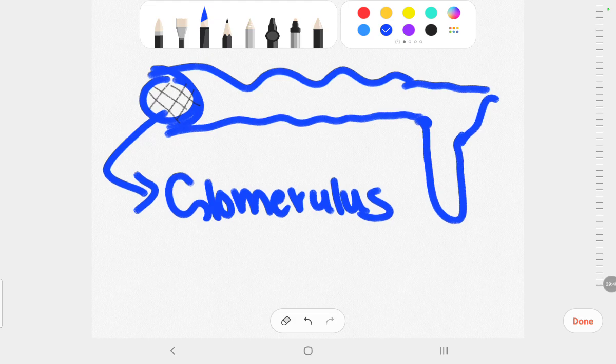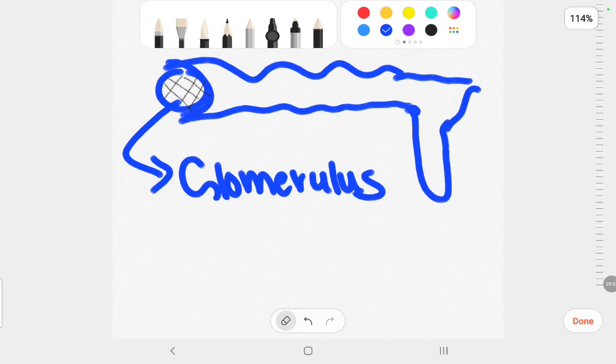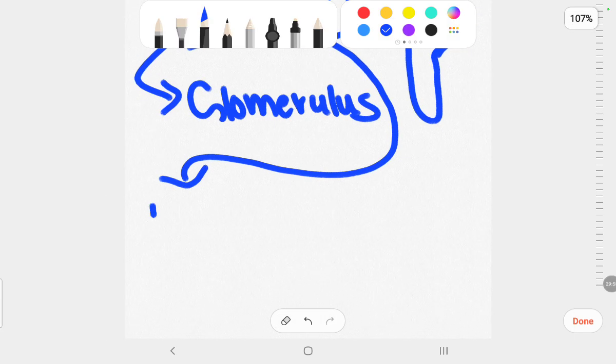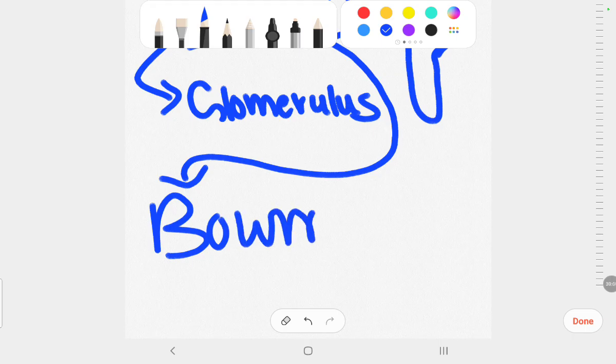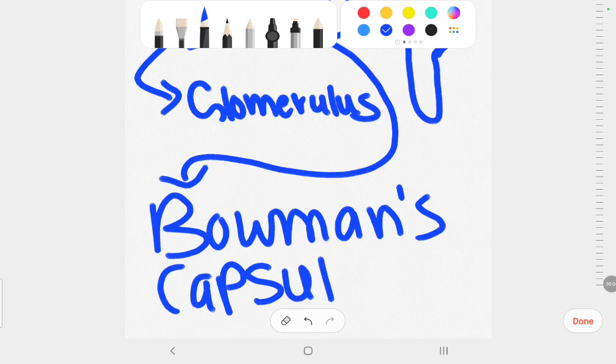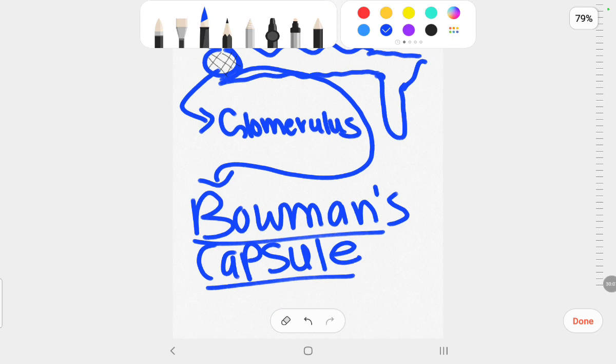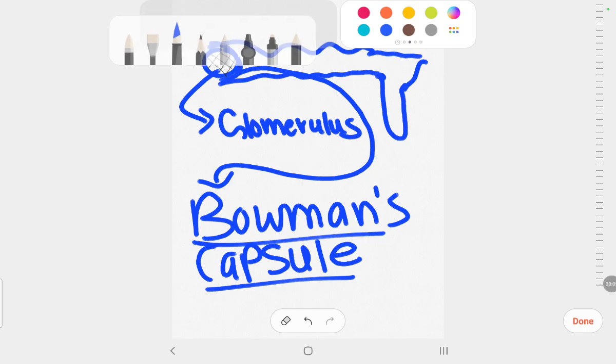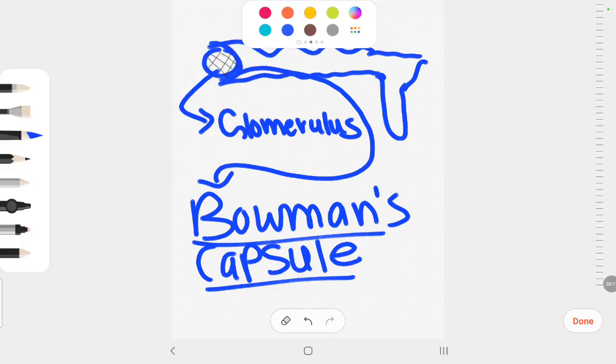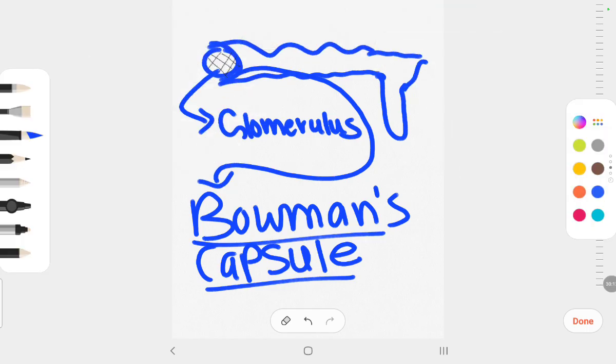Here is your Bowman's capsule, so you just have the drawing now. That part is a Bowman's capsule. And that part up here is a PCT. And that part up here is the PCT, the one that is before the loop of Henle.